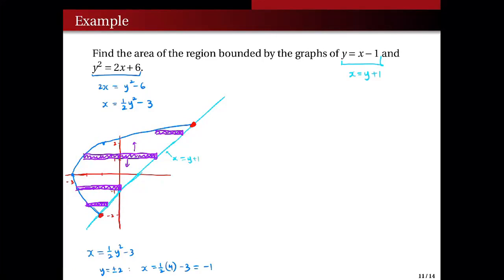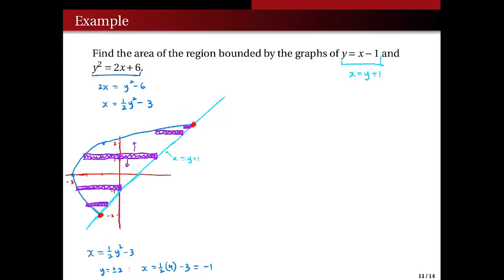But again, we need to identify the interval of integration. You will be able to identify that when you find these points of intersection here and here. If you try to move this approximating rectangle, it seems that the highest point will be at this point of intersection here, and the lowest point will be somewhere here.